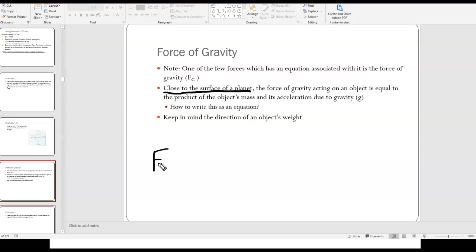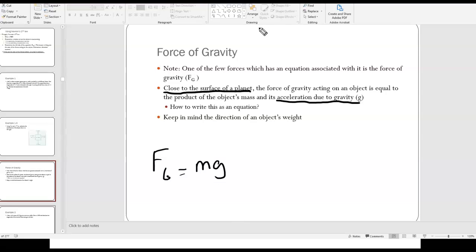As long as you are relatively close to the surface of a planet, the force of gravity, aka the weight, and remember, force of gravity and weight are the same thing, the force of gravity acting on an object is equal to the product of the object's mass and its acceleration due to gravity, which is g.